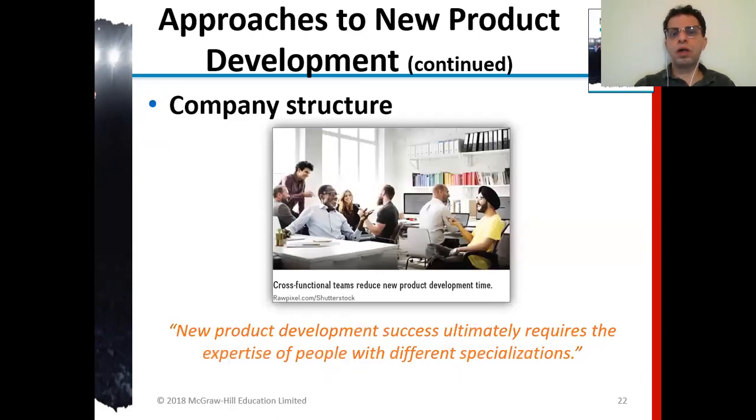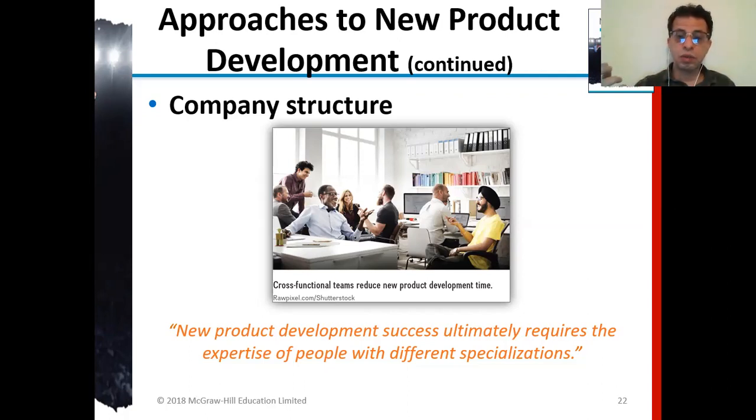But when you do a new product development, the approach needs a company structure, needs a cross-functional team, to reduce the new product development time. In our case, we needed the IT department, the marketing department, the sales, the pre-sales, all to chip in to do the development.